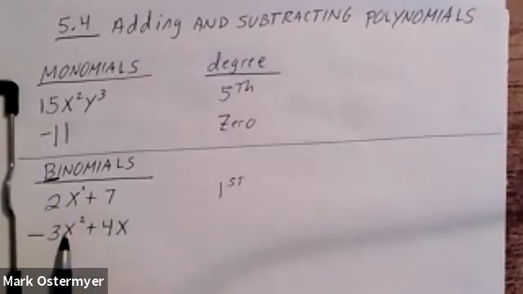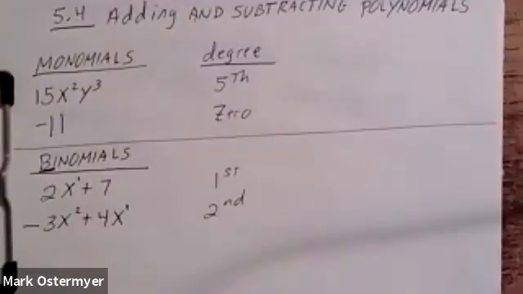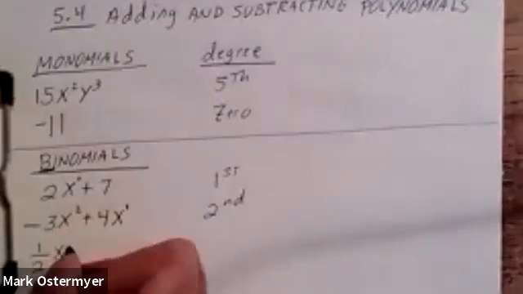This is a second degree term. This is a first degree term. So what would be the degree of this binomial? 3? No, it's going to be equal to the highest degree term. This is a second degree term. Okay, so 2. This would be a second degree binomial. Okay, second degree.